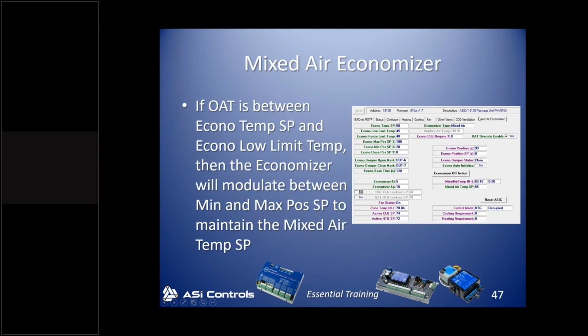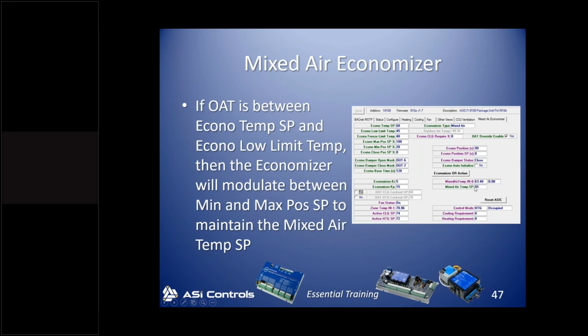And so then in the mixed air case, there's a mixed air temperature set point in degrees. Here's our mixed air temperature input value. And so there's this econo cooling requirement percentage, and it will go between min and max to try and meet the mixed air set point.